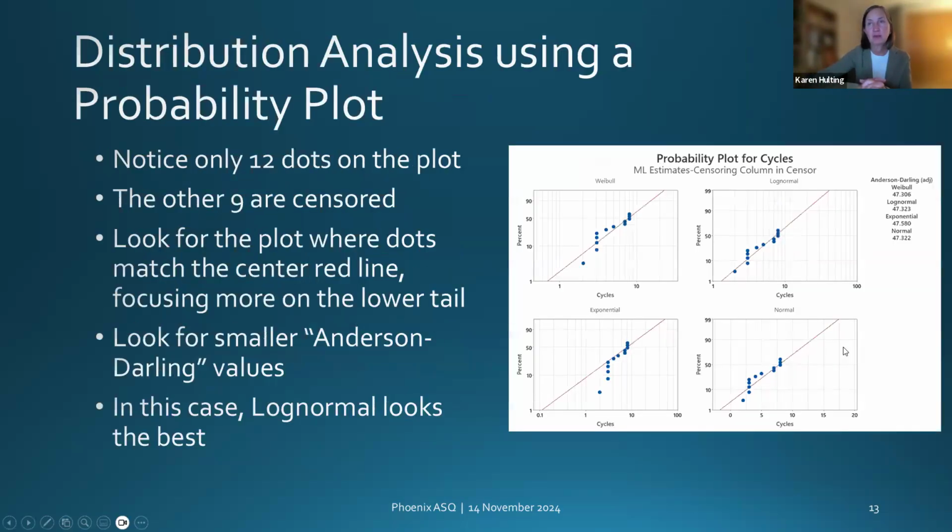And if we do that, then we get this distribution identification plot where we get a probability plot for each of those 4 distributions. Now, when you look at them, they don't look all that different. Exponential looks quite a bit different. What we're really suffering from here is that the cycles to failure data, because it's a small number of cycles, the failures are occurring pretty quickly, which is kind of a spoiler alert.